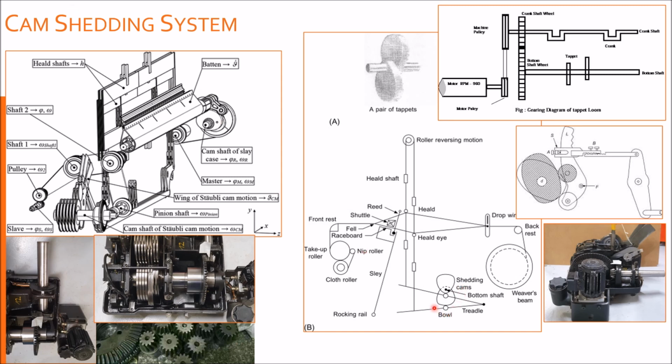For example, over here you can see an example of a shuttle weaving machine, side view line diagram.